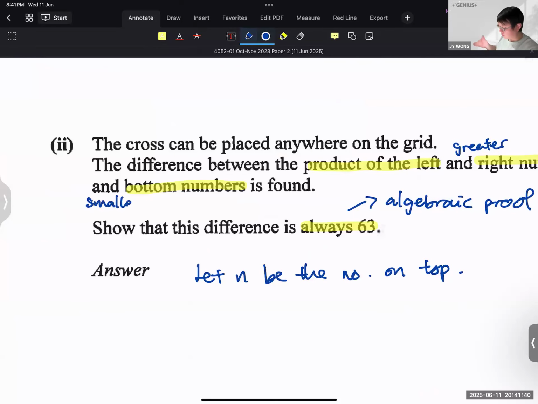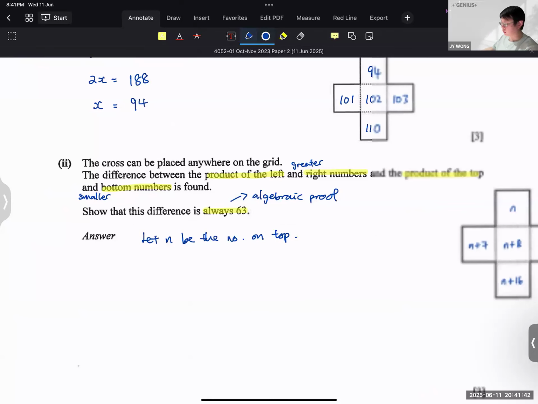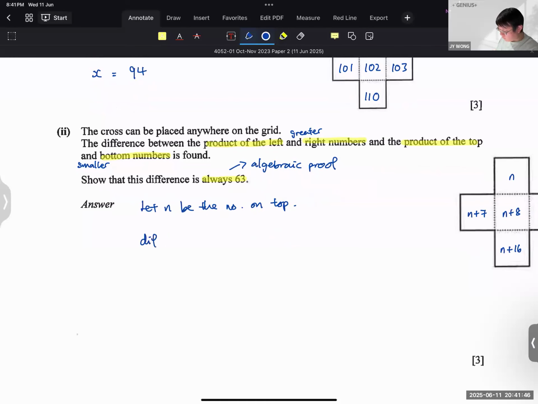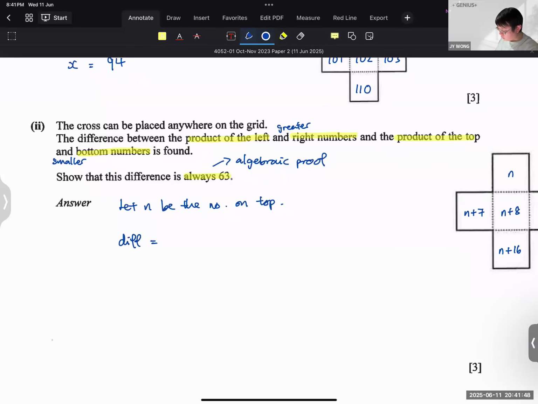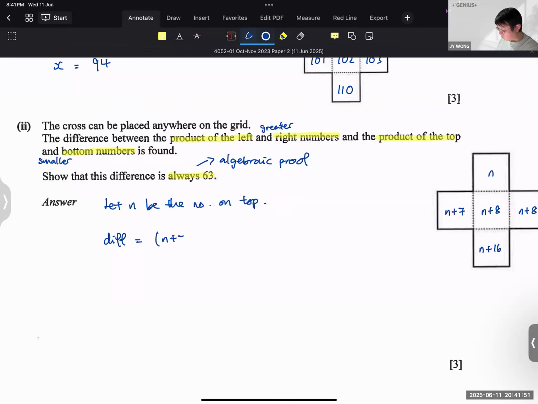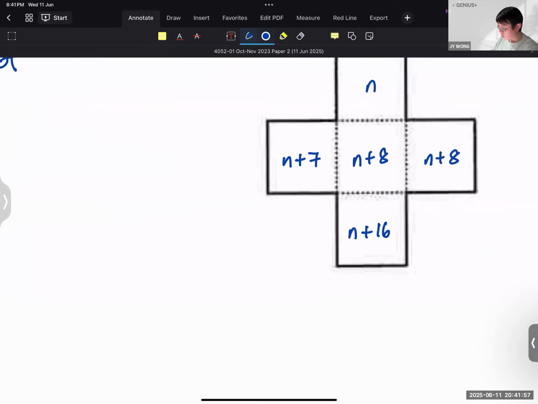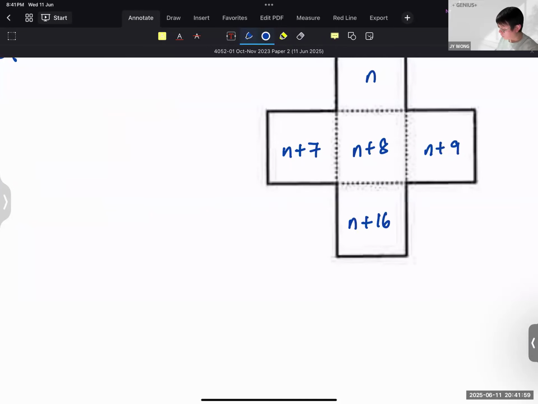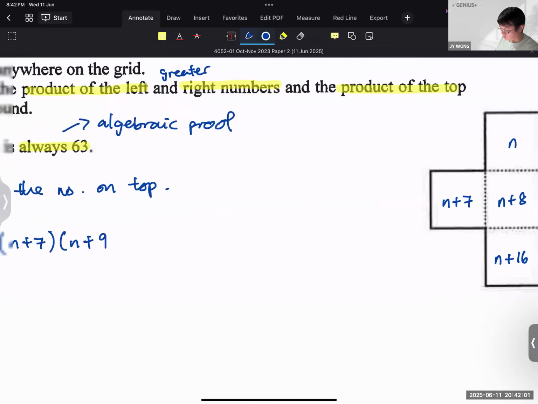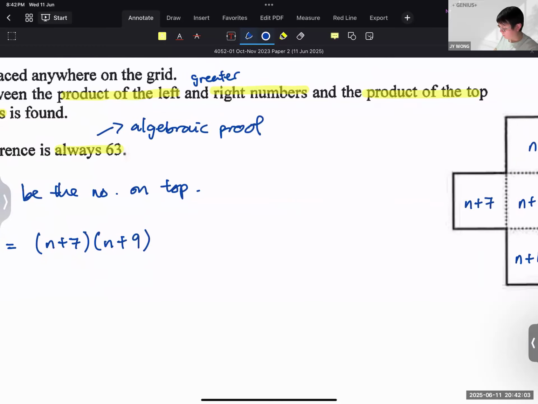And therefore, to find the difference of 63, you do have to take the left and right minus the top and bottom. So your difference here is equal to your left and right, which is n plus 7 times n plus 9. It's not n plus 8. Why did I write n plus 8? I'm hallucinating today. This is what happens when you teach for too many hours in one day.